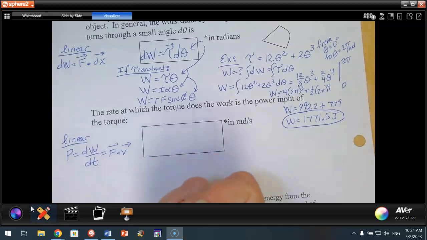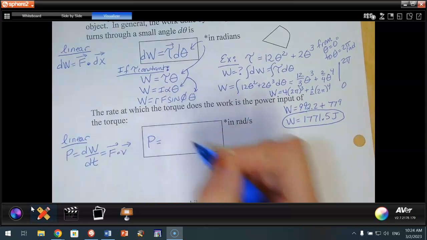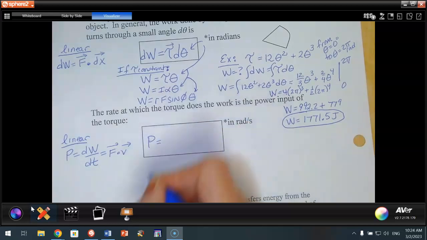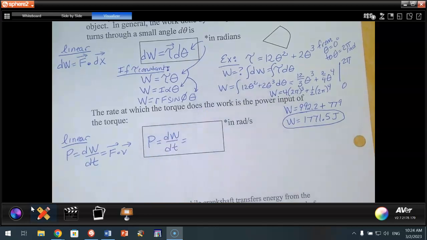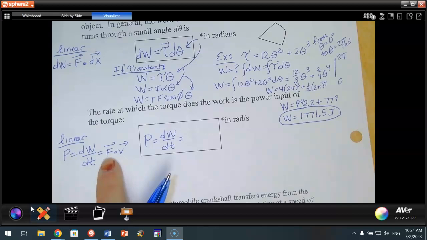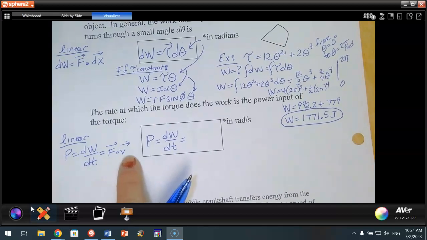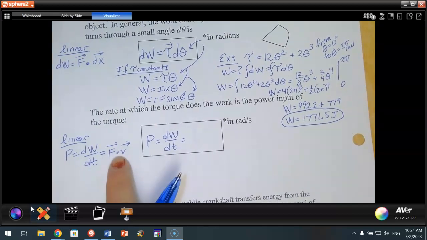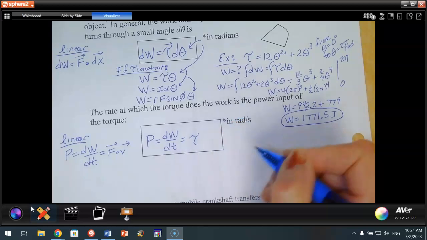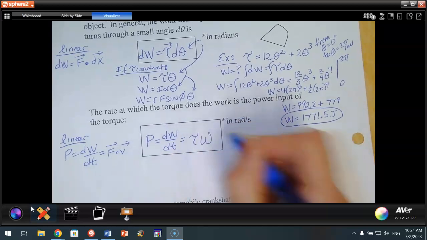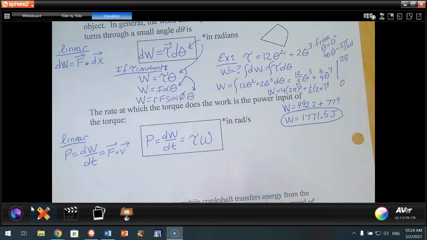So if you're going to convert this over to angular, power is still a capital P with no vector symbol. It's still the derivative of work with respect to time, but then we can convert the F and the V over to their angular equivalents. And again, the dot product is almost always going to be the cosine of 0 degrees, so I'm just going to ignore the dot. So instead of F, we have torque, and instead of V, we have omega.